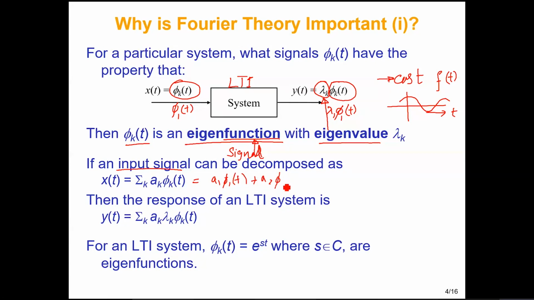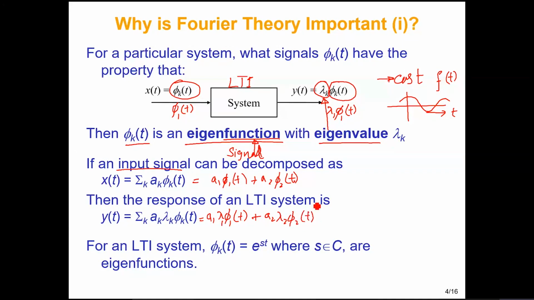If we can do this, then the whole eigenfunction concept becomes very useful, because then for each eigenfunction, the output would be the eigenfunction multiplied by its eigenvalue. So to find the output, all we need to know is the eigenvalues for those eigenfunctions. We need to know these lambdas.